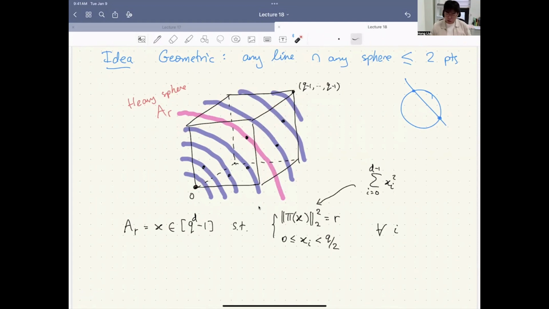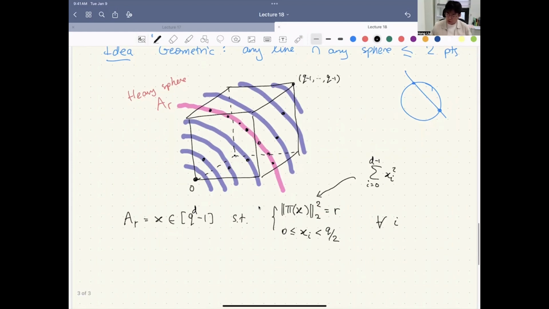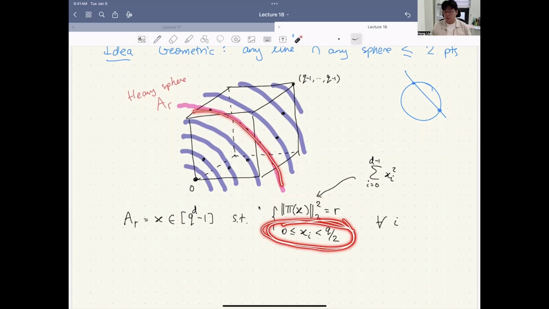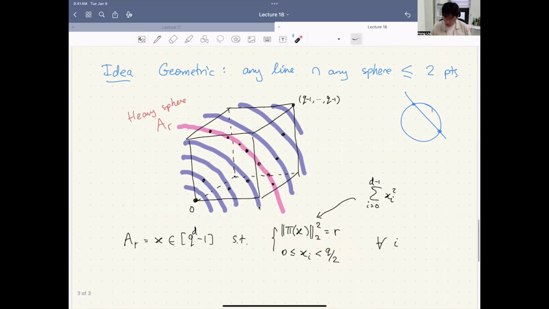By pigeonhole, there must exist a sphere that goes through many, many grid points. This is a heavy sphere, and we only take those on this sphere where every coordinate is in the first half. If you want to see it in the picture, we only take those that live inside this smaller box, the first half of the box.